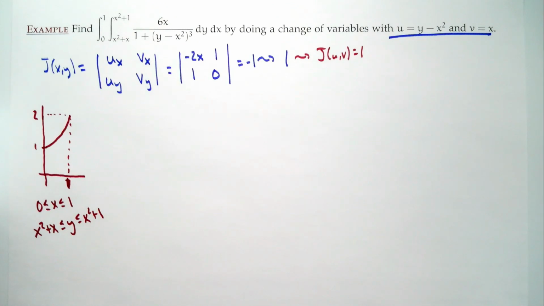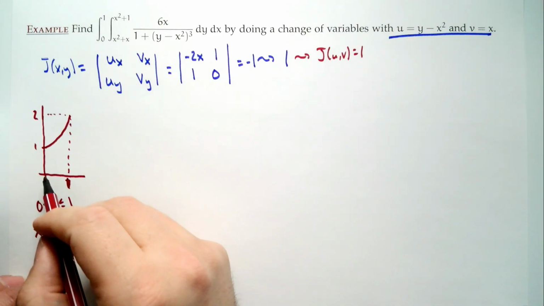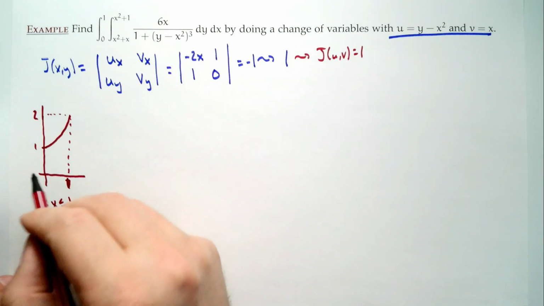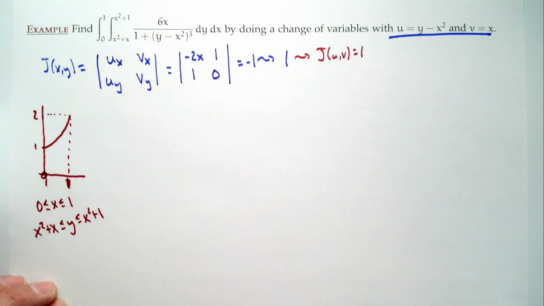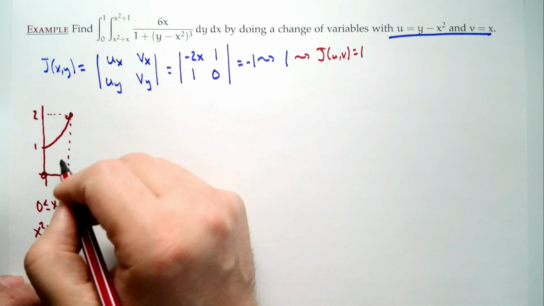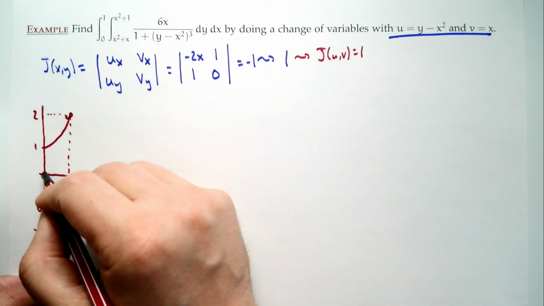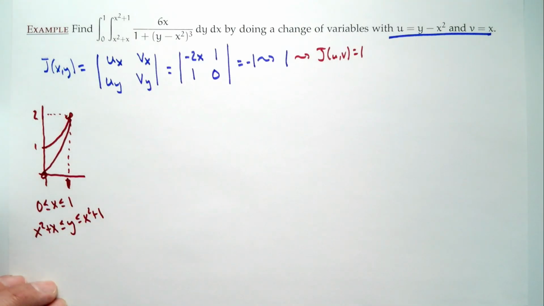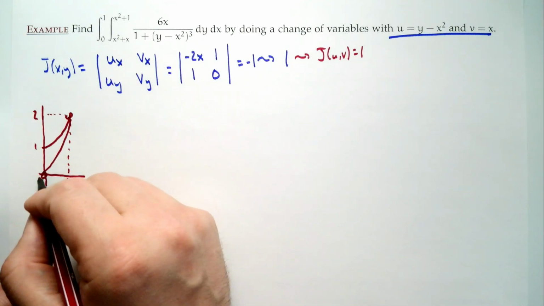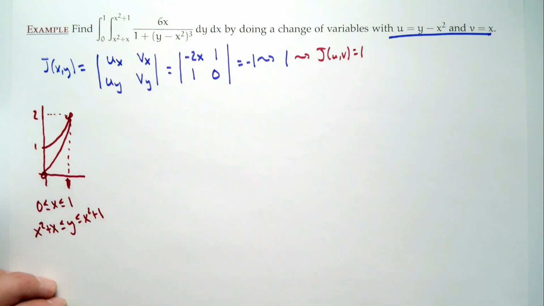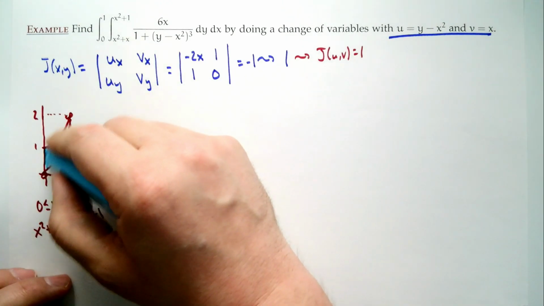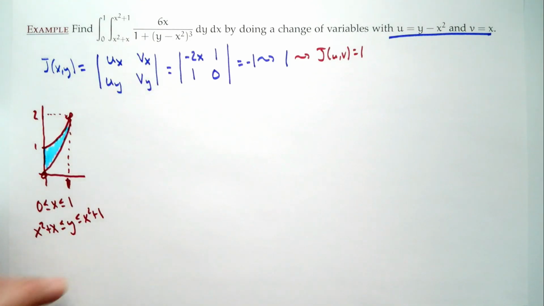But I don't need to know that much. For me, I can say, what happens at 0? It's 0. What happens at 1? It's 2. So it's a parabola that goes from 0, 0 to 1, 2. Okay, so it's doing something like that. It will actually dip down below, but I don't care about that part because I only care about what happens for x lying between 0 and 1. Meaning, that's my region. Now that's the region according to x and y.